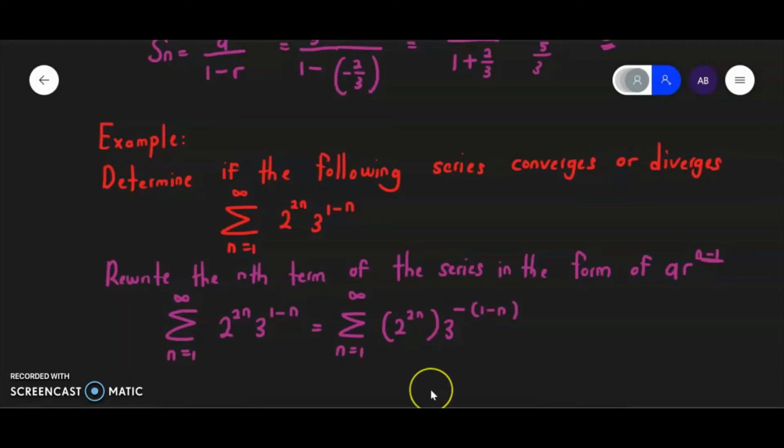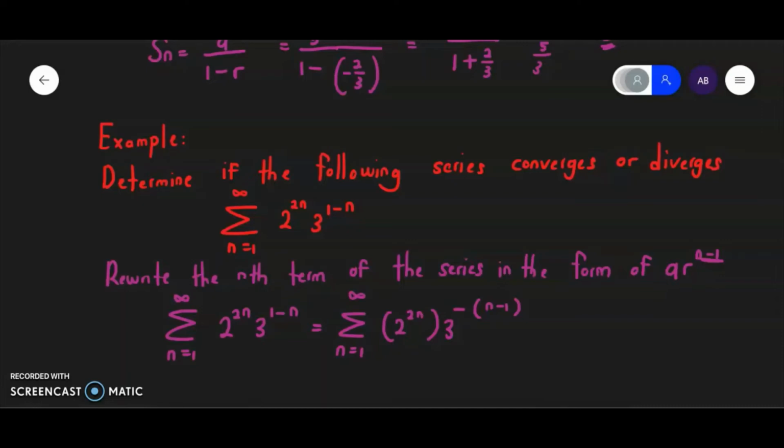Okay, let me just erase this. So if I take out the negative term and rearrange, that'll be n minus 1. Are they the same? 1 minus n. Okay, so if I expand this, negative n plus 1, so 1 minus n. Now they are the same thing.